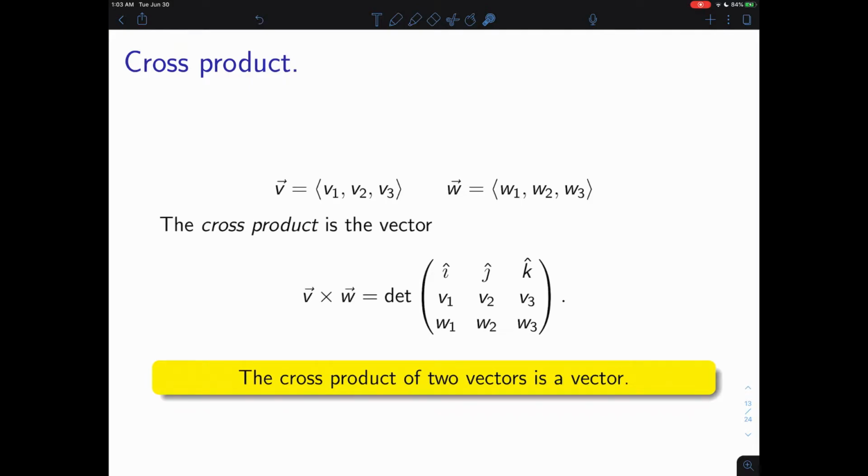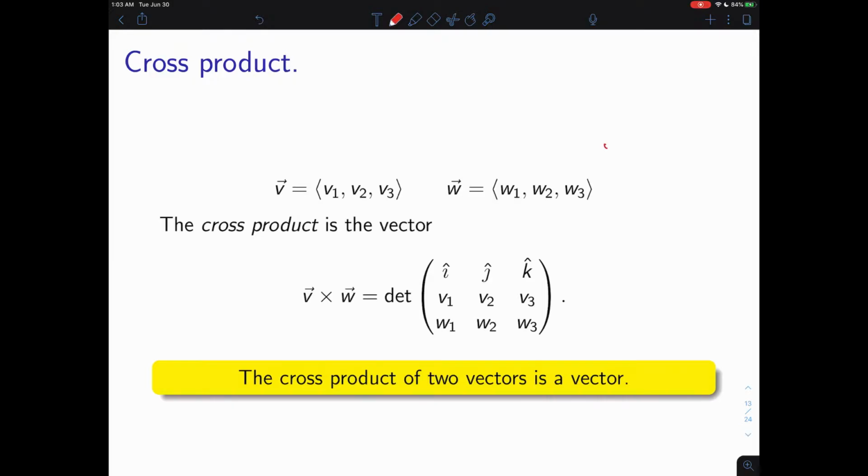All right, so we got determinants, and here's how it ties in with cross products. Unlike dot products, which could be any dimension as long as the two vectors had the same number of dimensions as each other, cross products are a little bit different. It's got to be R3. We're only going to talk about R3.